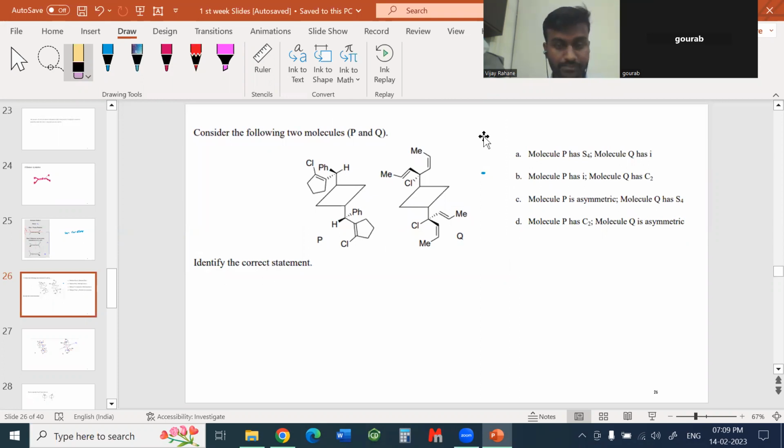We need to understand the question first. For understanding the question, we only need to identify the correct statement, and these are the structures given. So we should observe these structures. Then and only then can we solve this question, right?